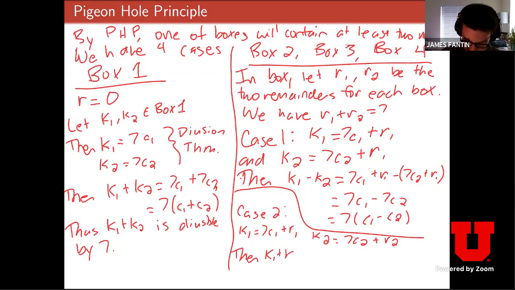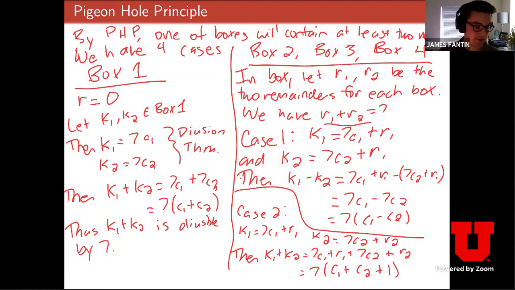So K1 plus K2 is equal to 7C1 plus R1 plus 7C2 plus R2. And this, remember, we said that R1 plus R2 is equal to 7 for every box. So this is just going to be equal to 7 times C1 plus C2 plus 1. And this is divisible by 7 by the division theorem because this has remainder 0.